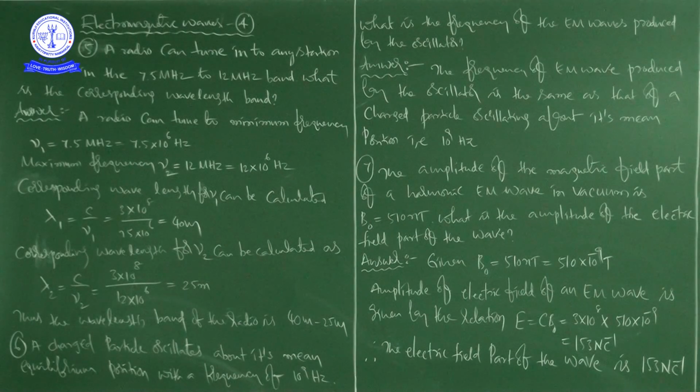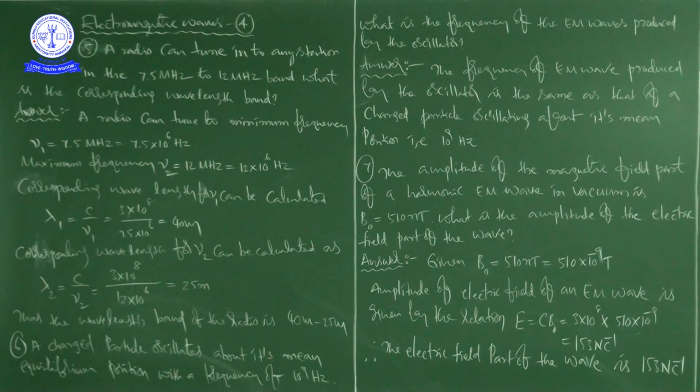So 100 by 4 will give us 25 meters. So the corresponding wavelength for nu 2 is lambda 2 equal to 25 meters. Thus the wavelength band of the radio is 40 meters to 25 meters.